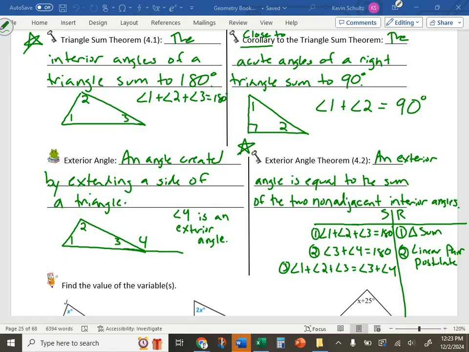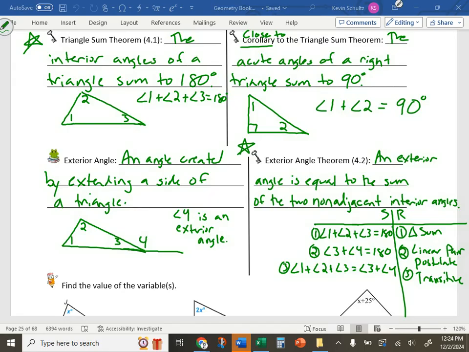The transitive property. Okay, we have 3 things being compared here. If 1 plus 2 plus 3 is 180, and 3 plus 4 is 180, that means that 1 plus 2 plus 3 has to equal 3 plus 4.